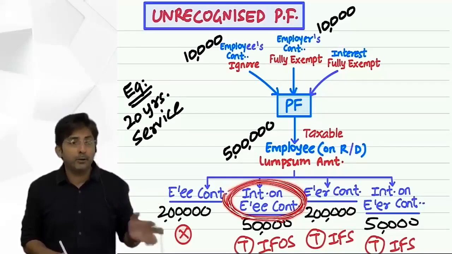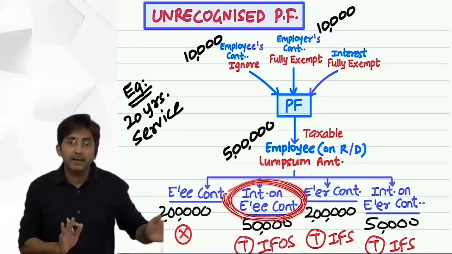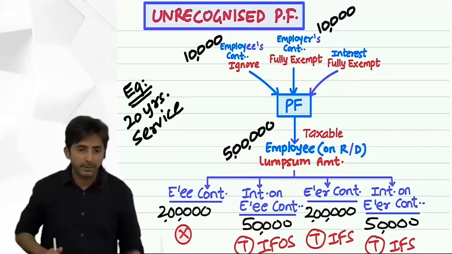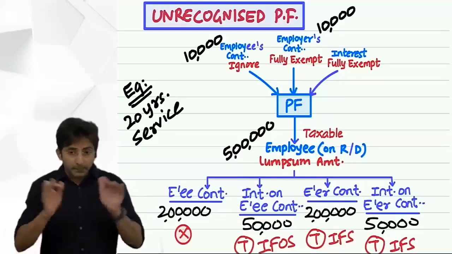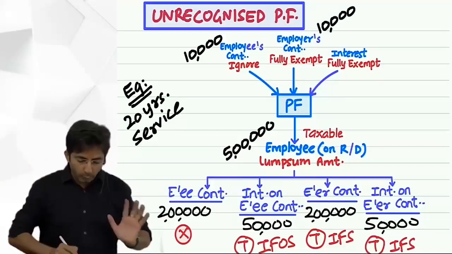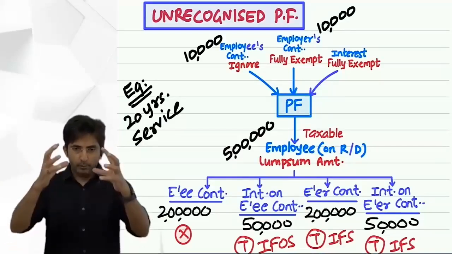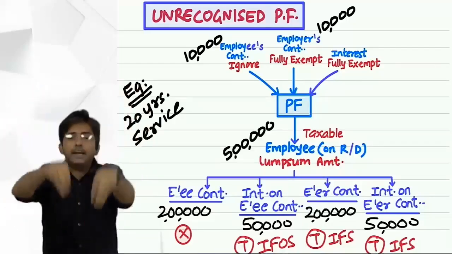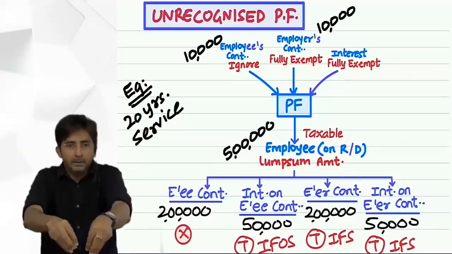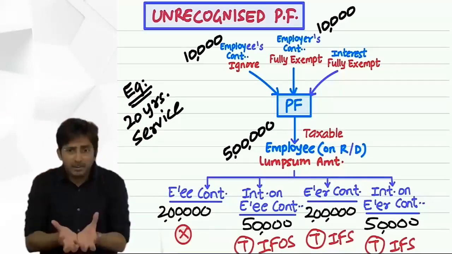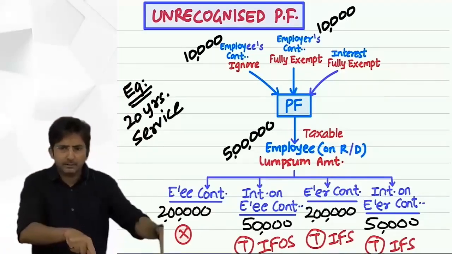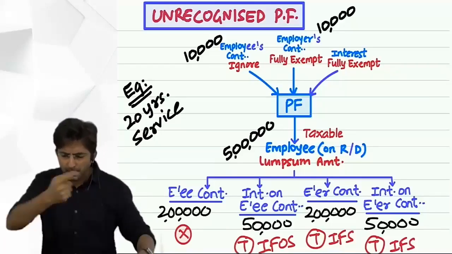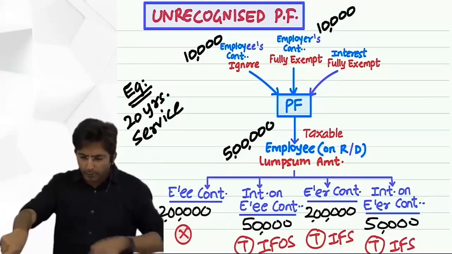Even if it was not cut from the salary, even if I had put it somewhere in the bank, I would have independently earned the interest. So that is why this breakup is done. So see, the conclusion is this. In unrecognized provident fund, when money is accumulated, it's fully exempt. But at the end, when you get the lump sum amount, there are four parts. Employee's contribution: ignore.